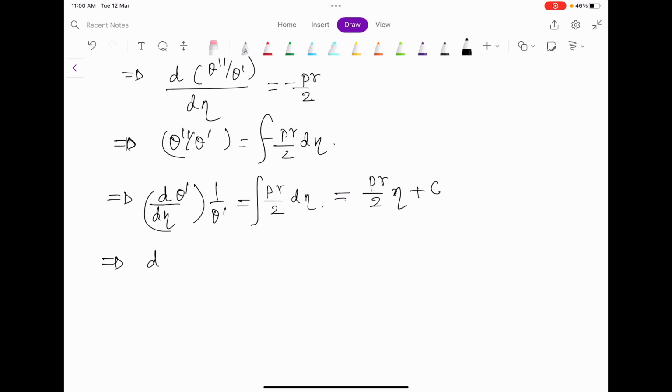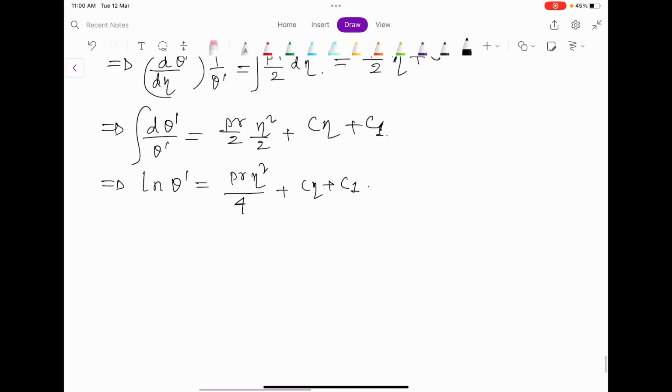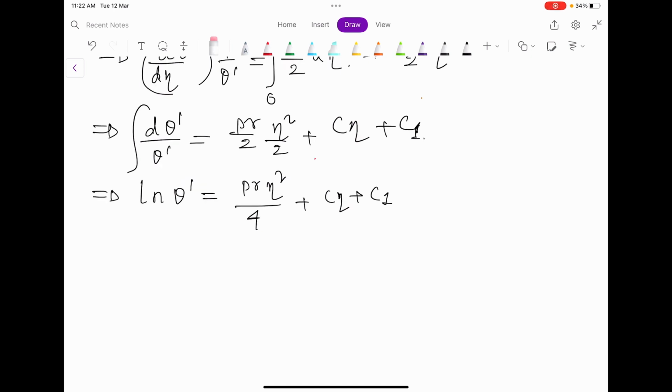So then d theta, this is equal to Pr by 2 into eta square by 2 plus c eta plus c1, integration of this obviously. Then ln theta dash is this, Pr into eta square by 4 plus c eta plus c1, right? So now you have to put the boundary conditions.